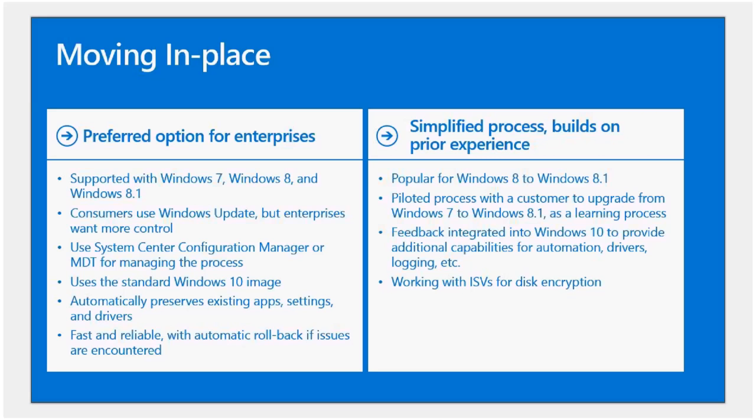We do have some limitations with ISV software that's used for disk encryption. The in-place upgrade at this point doesn't work with third-party disk encryption tools. We are working with those ISVs to add support for that, and we hope that by Windows 10 RTM that we'll have processes and procedures in place working with the top 5 ISVs to show here's how you would do an in-place upgrade with the most popular disk encryption tools that are out there in the market.